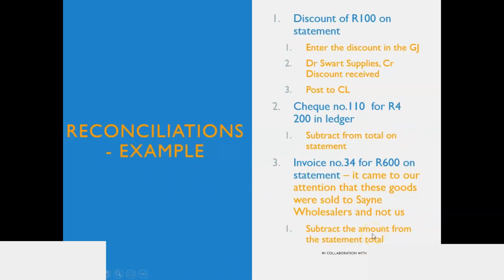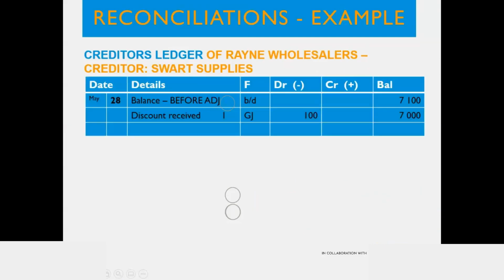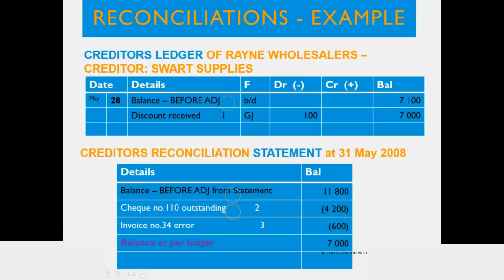It's not ours. They made a mistake and took someone else's account, someone else's debt, and put it into our statement. You get it? To make it easy, think of your mom or your dad. The ones that have a statement, they owe Jet. You get it? And then somehow in this statement, there is an amount for a pair of jeans for like 500 rand.